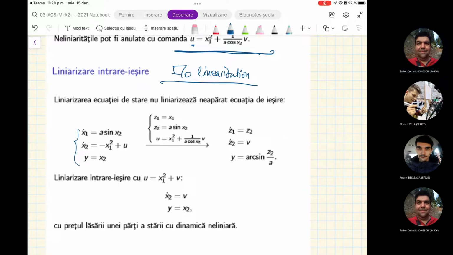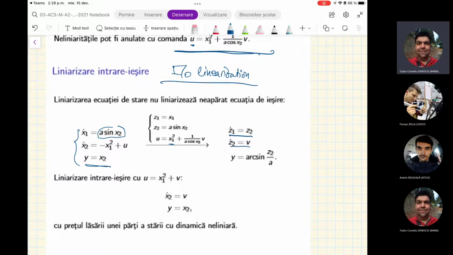This is a system with two states, and with this very simple linear output. Even if you do feedback linearization and you take the input of this form, because the idea is that you would like to cancel this nonlinear term, you pick this input and the new coordinates, and you get this.